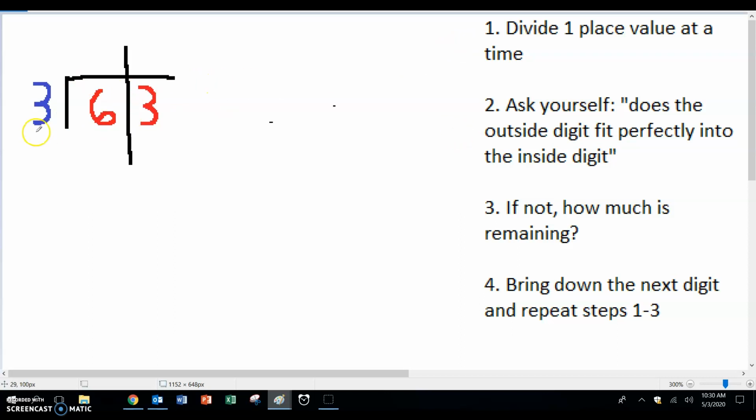We ask ourselves, does the outside digit, 3, fit perfectly into the inside digit, 6? In other words, if we skip count by 3, can we reach 6? I have 6 divided by 3 written out. 6 divided by 3 equals something is the same thing as something times 3 equals 6.